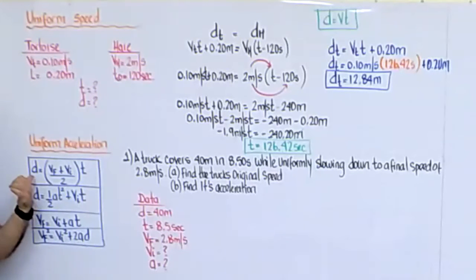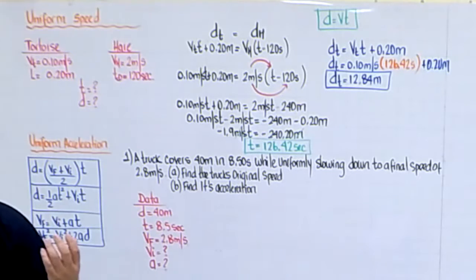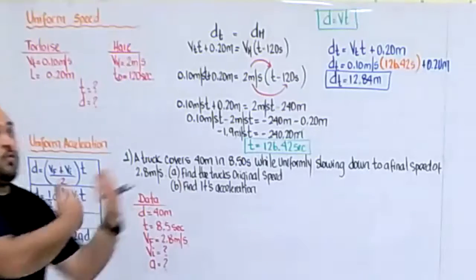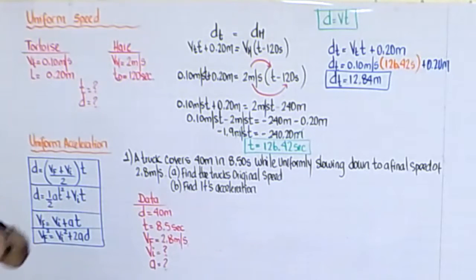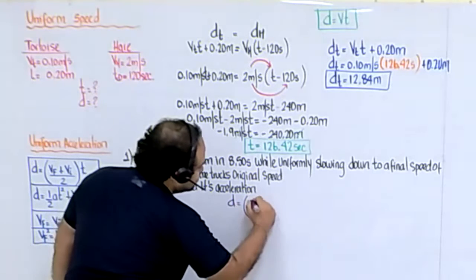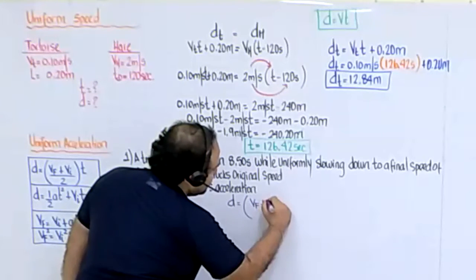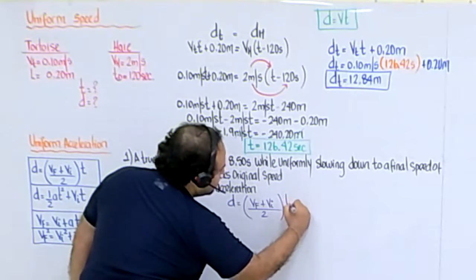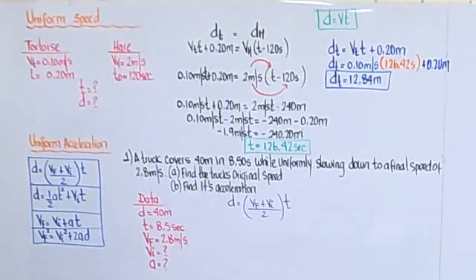My advice, we can choose the first one. This is the greater thing, and this is the situation. Identify what equation has one singular variable. For example, in this case we have distance equals final velocity plus initial velocity divided by 2, multiplied by the time.